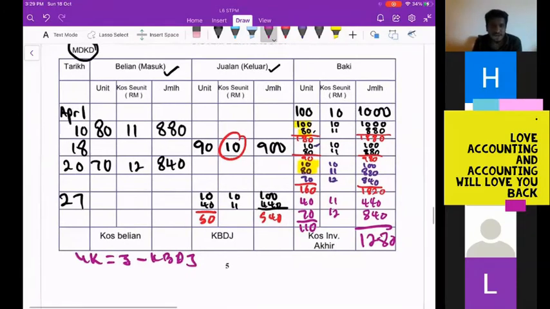So how much is the kos barang dijual? You take this plus this. 900 plus 540, you get 1440. That's your kos barang dijual. And the belian actually no need to calculate. If you calculate also the same, just calculate lah. 880 plus 840, you get 1720.